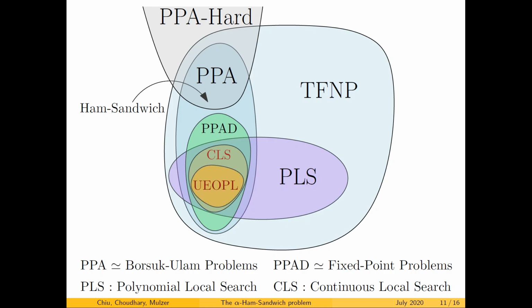And recently, a new class was defined, which is a subclass of CLS, called UEOPL. Our main result in the paper is to show that the alpha ham sandwich search problem lies in the complexity class UEOPL. What does this stand for?